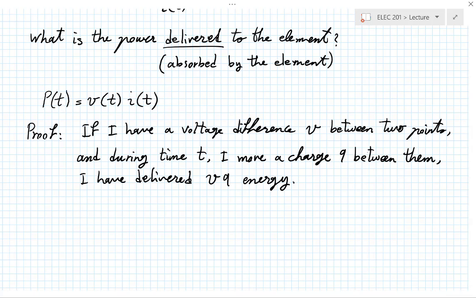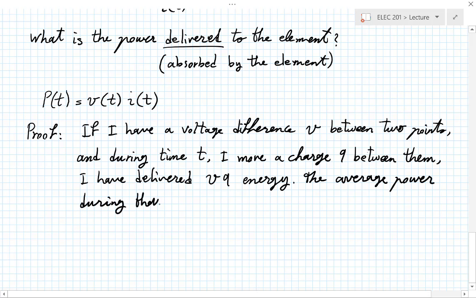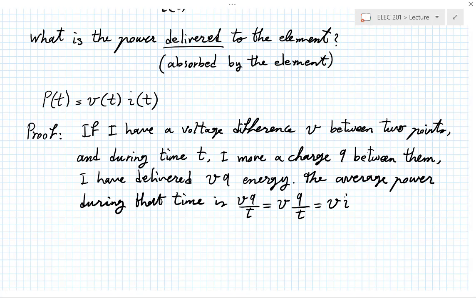During that time t, the average power during that time is, take that energy and divide it by time. Which you can then write as, which is that. Now this can be done in an arbitrarily short period of time. Okay?